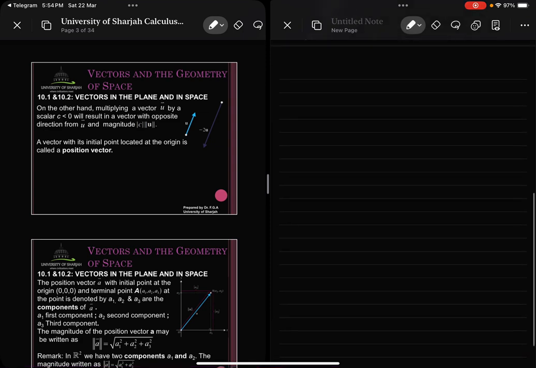Here we have vectors in the plane. If we have u and -2u, so here it will be u, and -2u will be in the opposite direction, which is here.